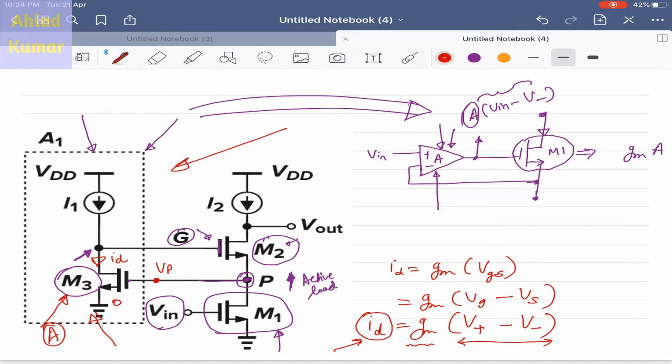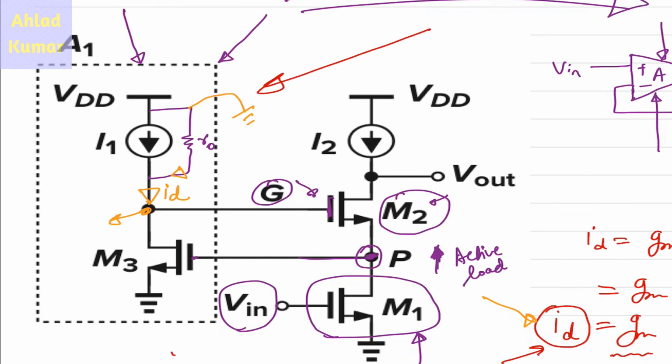So when you make a small signal equivalent of this circuit, what will that be? When you create a small signal equivalent of a current source, let us say that current source has a non-ideal resistance of RO, then during the small signal analysis, this part of the RO will be grounded, and the drain current ID will flow through this RO. Then what will be the voltage generated at this point?